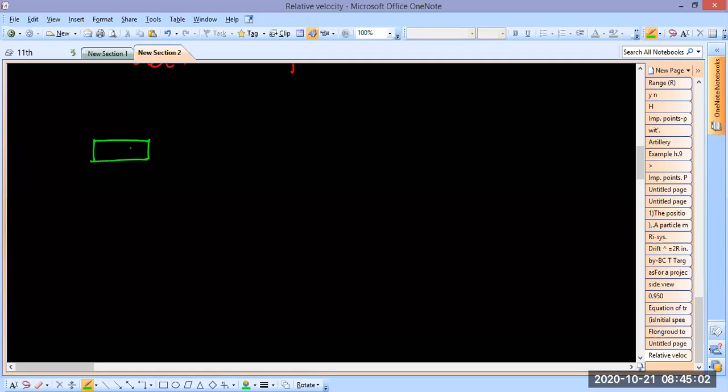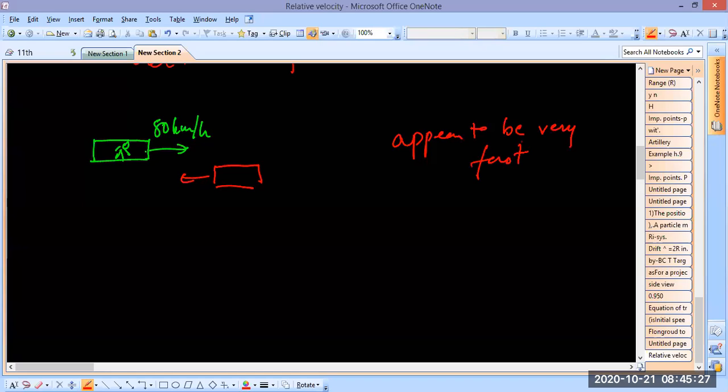Suppose you are in this vehicle, speeding on a highway at 80 kilometers per hour, not breaking the speed limit. Have you noticed that vehicles coming from the opposite side appear to be very fast?